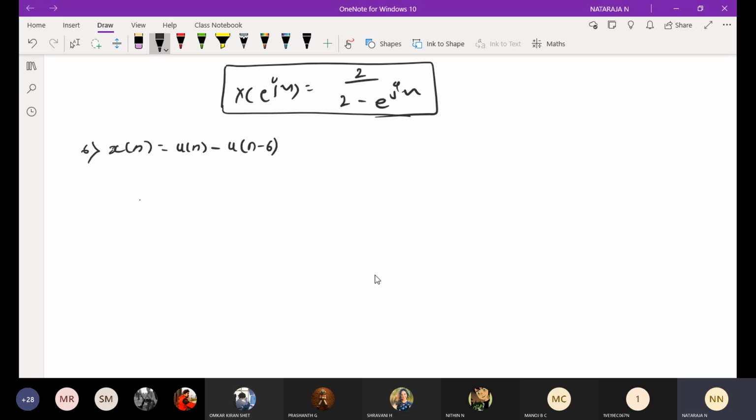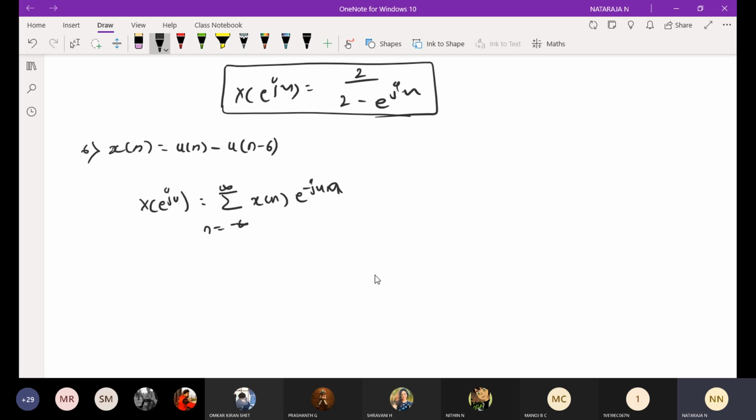So X of e power j omega is equal to the summation n equals minus infinity to infinity of x of n e power minus j omega n.